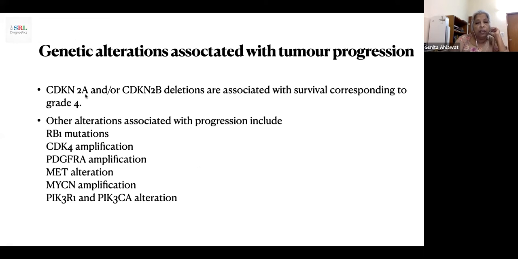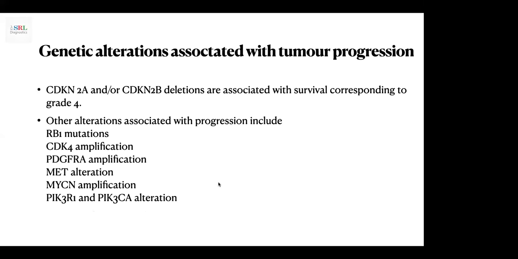The most important is CDKN2A and or 2B deletions, which are associated with shorter survival. Similarly, there are other mutations which are seen when the tumor upgrades. This is the list of those mutations.